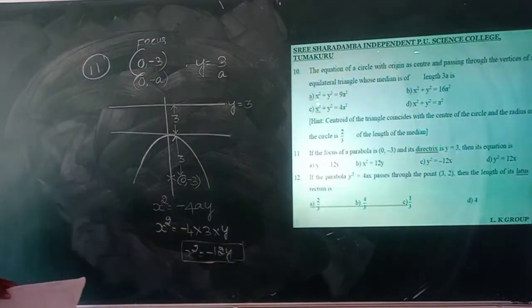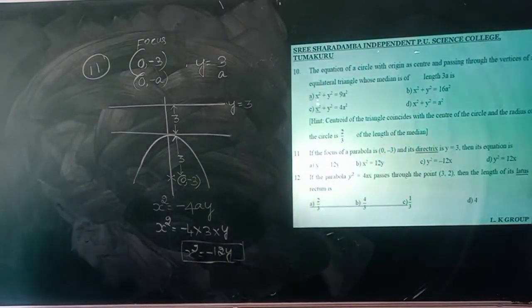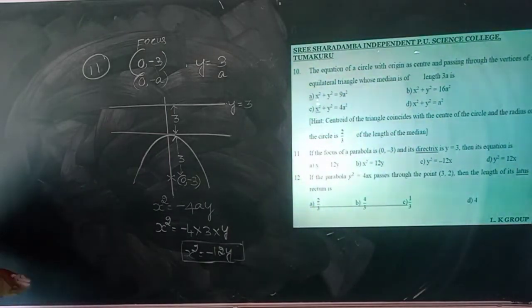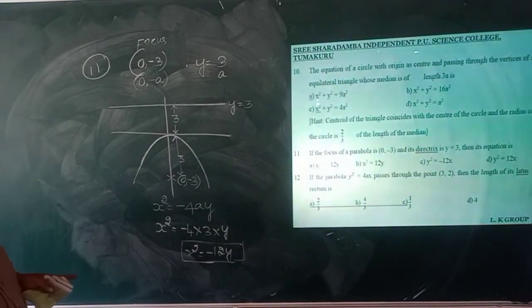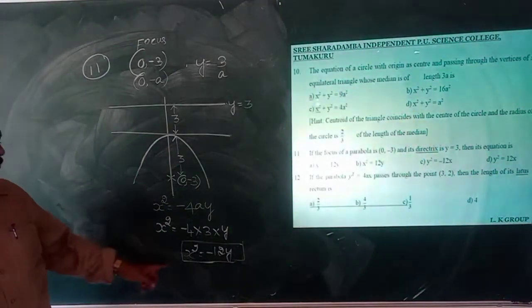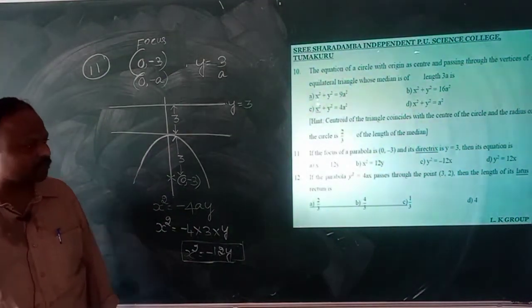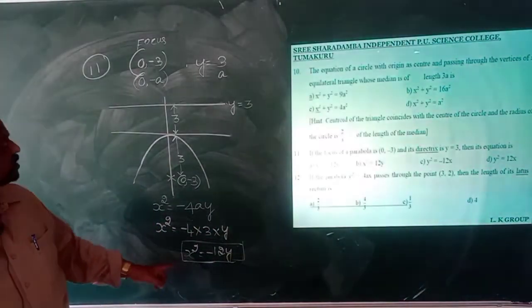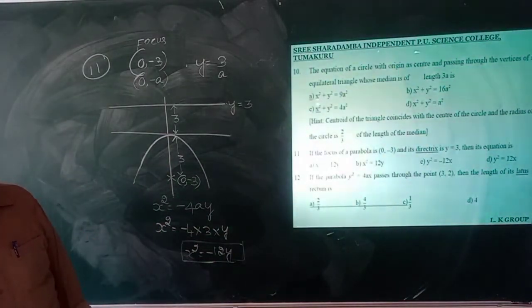So very important: (0, a) is the focus of x square is equal to 4ay, and (0, minus a) is the focus of x square is equal to minus 4ay. You know the a value, substitute it, you will get x square is equal to minus 12y.